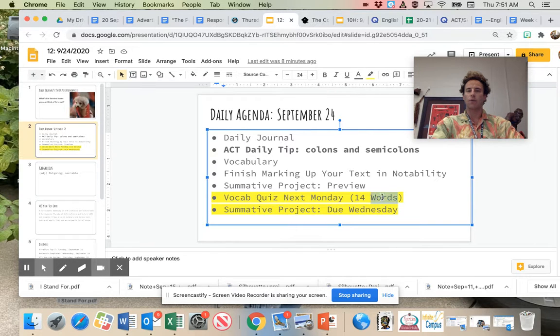We have 14 words. The summative project is due next Wednesday. We've had all week to work on the research, which is the foundation. The video will explain a bit more about the importance and significance of the research you've been doing. The project is just kind of putting it together, highlighting that research you've already done. So you've got a template that you can use, and the video will clarify how to use that template.